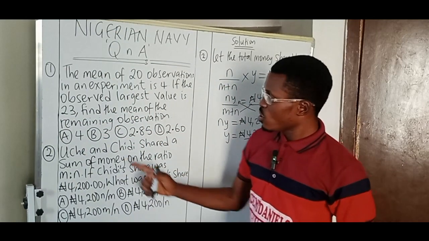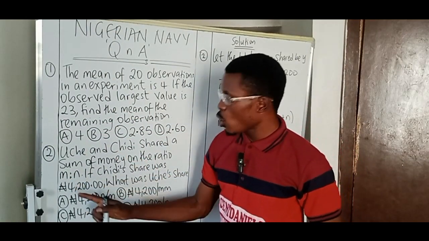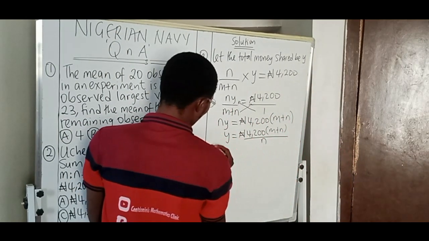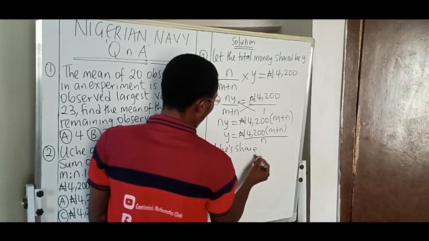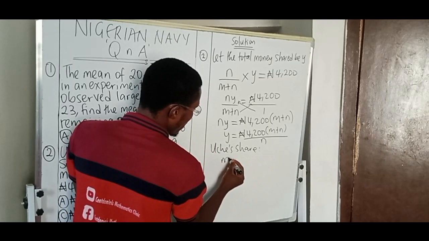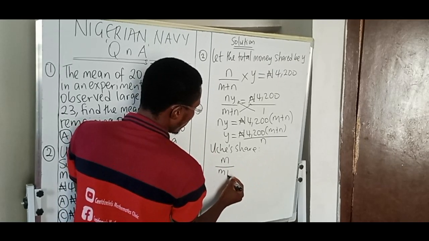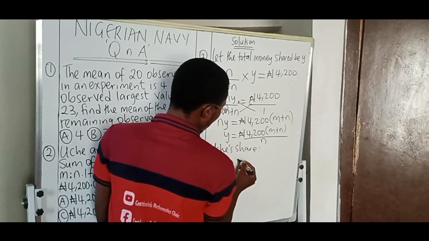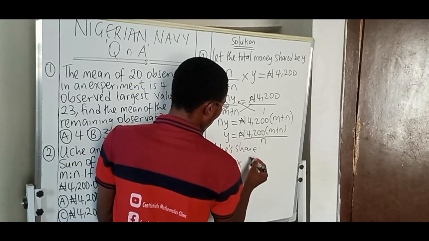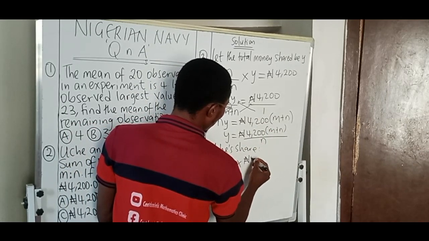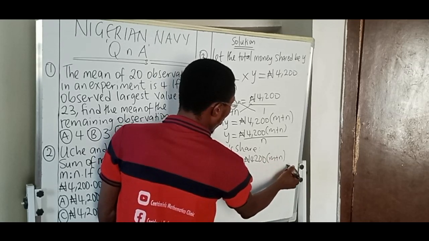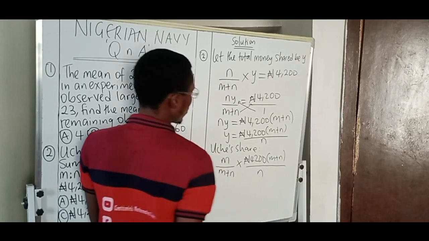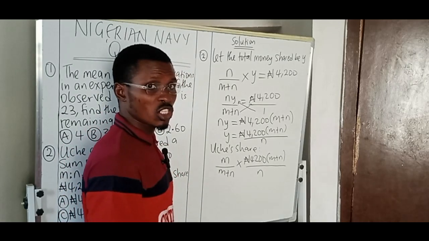Uche's share now will be the ratio of Uche, which is M, over the total ratio, M plus N, times this amount of money, 4,200 bracket M plus N over N. This will give us Uche's share.